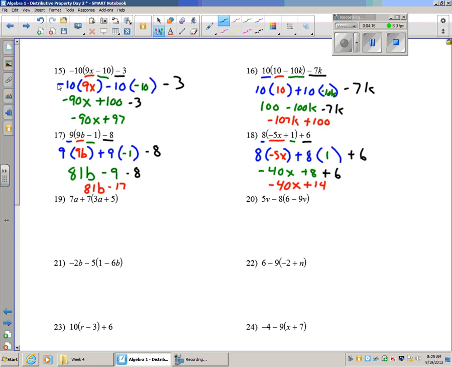Number 19, the 7a just drops down. And the 7 is being distributed to two different things. The 3a is the first term, and the 5 is the second term.